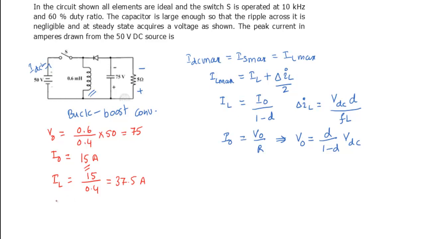Delta IL is VDC, which is 50, into D, which is 0.6, divided by FL. F is 10 kilohertz, so 10 into 10 to the power 3, into L. L is given as 0.6 millihenry, 0.6 into 10 to the power minus 3. So this and this get cancelled, 0.6 gets cancelled, and 50 by 10 is 5 ampere.